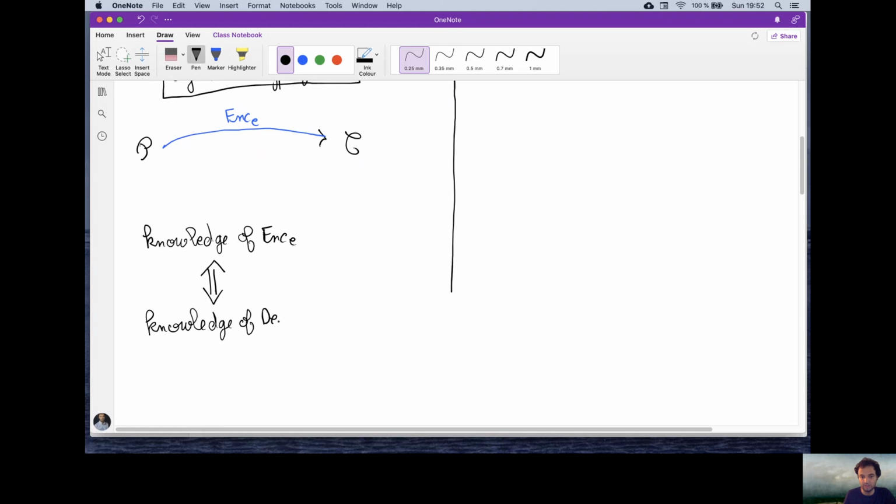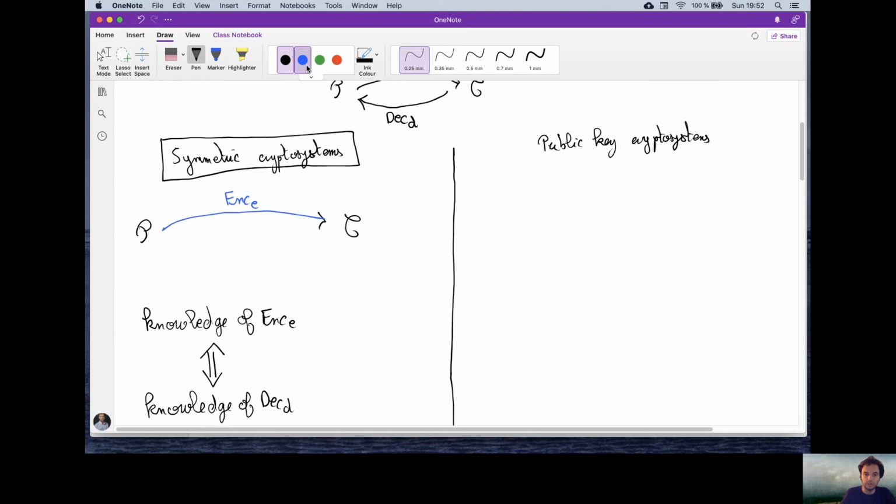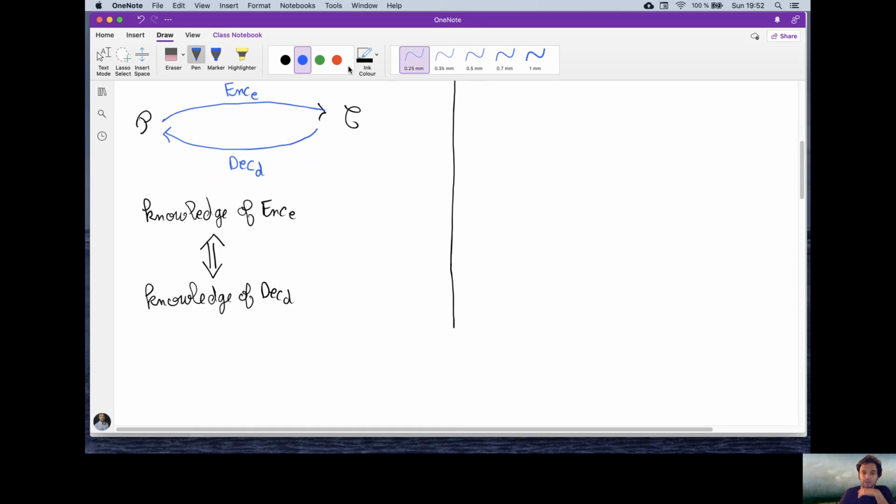If the answer is yes to this question, then you're dealing with what we call symmetric cryptosystems, right? So as soon as I give you the enciphering transformation, you can deduce on your own the deciphering transformation. So the data of one is equivalent to the data of the other. That's why I put them in the same color. An example of this was the shift transformation that we discussed in the previous video.